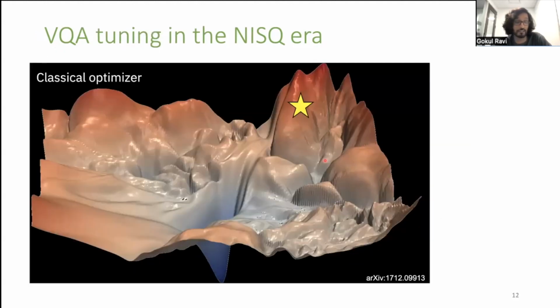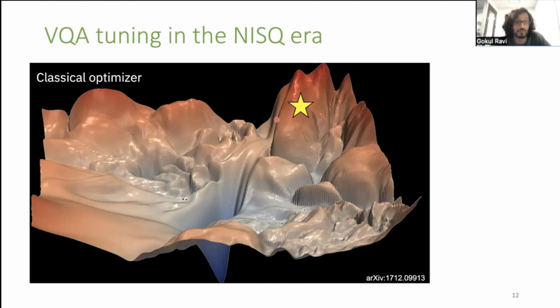The other aspect is the optimization contour itself. So for very complex molecules, even in the absence of noise, this tuning contour can be pretty complex. So finding this global minimum, which is at the bottom of the blue point, is pretty challenging when you're starting from some random position in this optimization space.